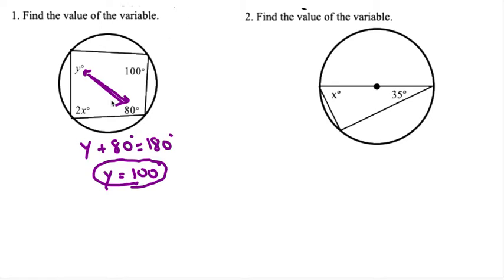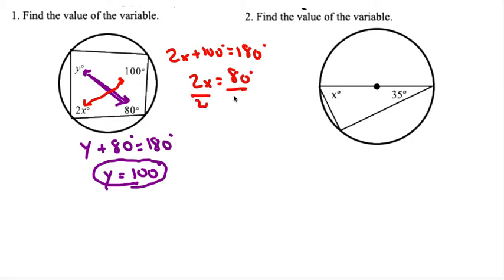Likewise, if we look, 2x is opposite 100, which means we can set up another equation. 2x plus 100 degrees has got to equal 180 degrees. Subtract 100 from both sides, then divide by 2, and x equals 40 degrees.